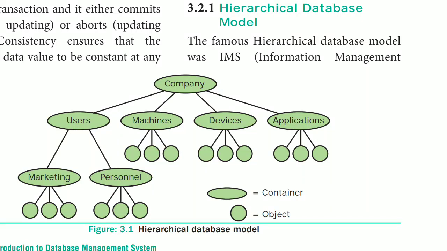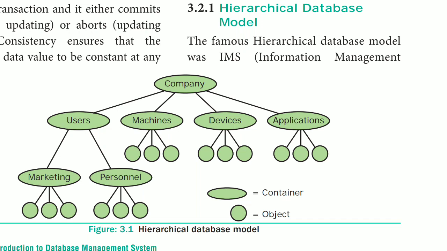First is the company level, and the next is user, machine, device, application level. Then at the next level you can see marketing, personnel level. So many different kinds of database models are combined to form one database model. This is known as the hierarchical database model.